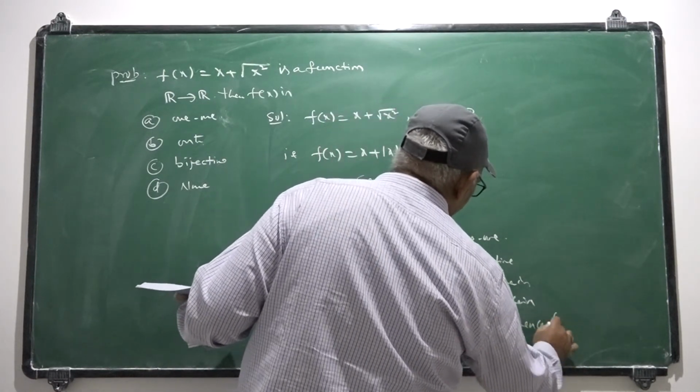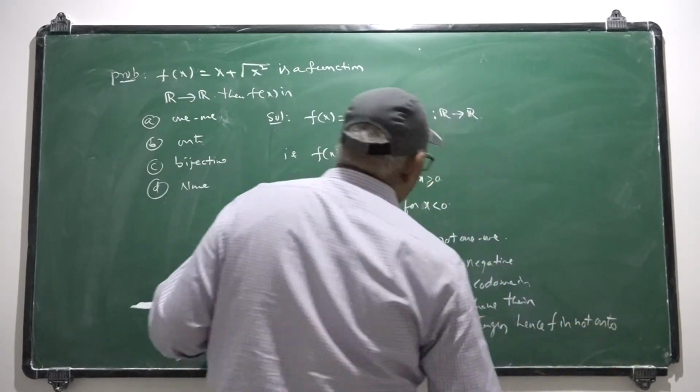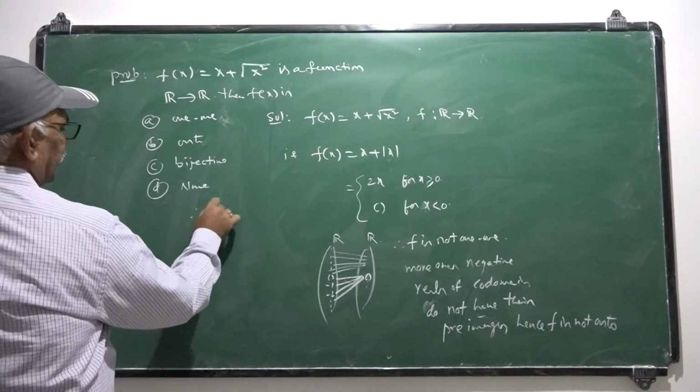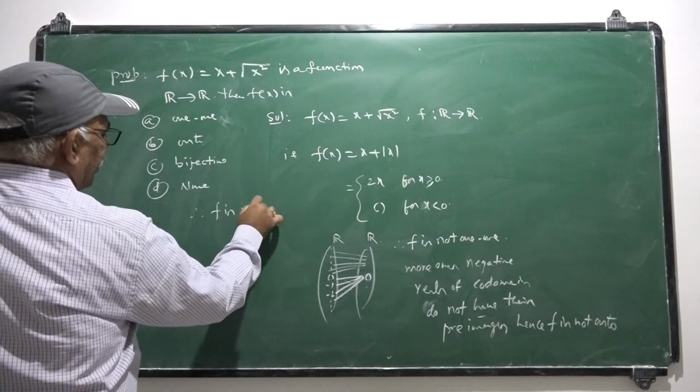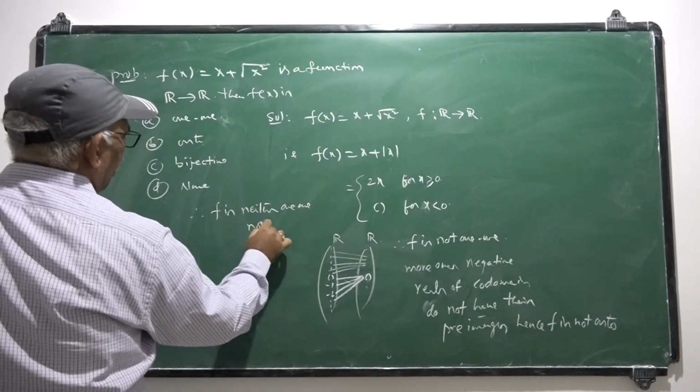Hence, f is not onto also, not surjective also. So, f is neither 1-1 nor onto.